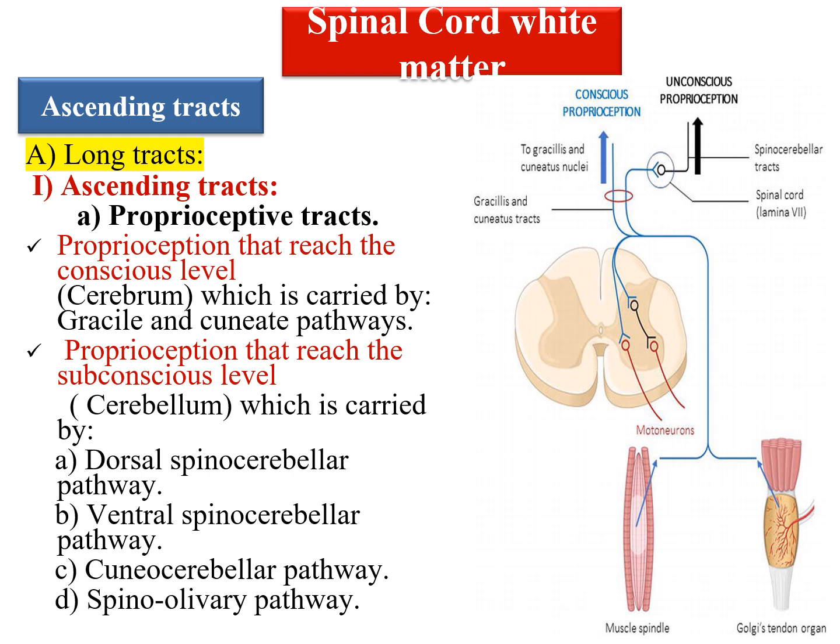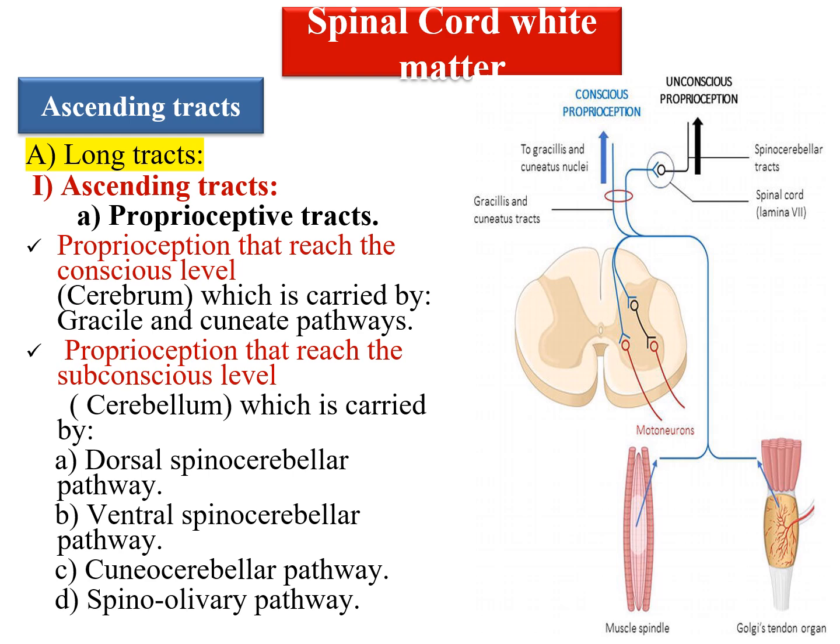The first one in ascending is the proprioceptive tract, as I have said before. Proprioceptive tract carries proprioception, which reaches the subconscious level or conscious level. The tracts which carry proprioception that reaches the conscious level or cerebrum are the gracile and cuneate tracts.